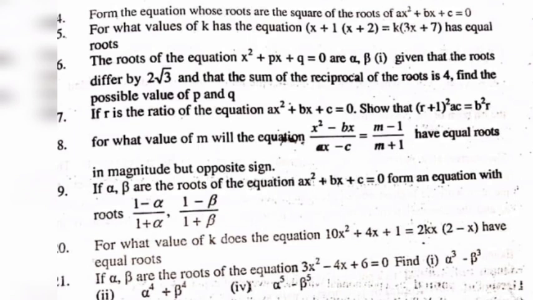And finally, if alpha beta are the roots of this equation, find this, and this. So the same idea goes here. You now know the expression for alpha cube minus beta cube, alpha raised power 4 plus beta raised power 4. For alpha raised power 5 minus beta raised power 5, you can actually find that one out when you expand. So that's all for this question.